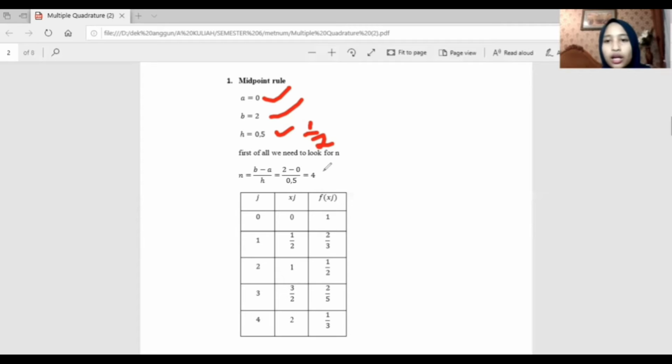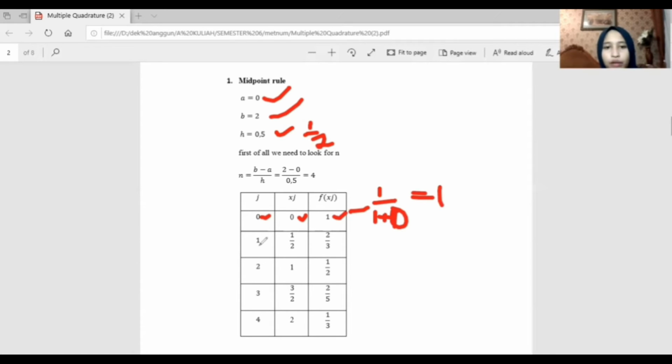We can look for the value of xj. If j equals 0, we get xj is 0, and the function of xj is 1, which comes from 1 plus 0 is 1.